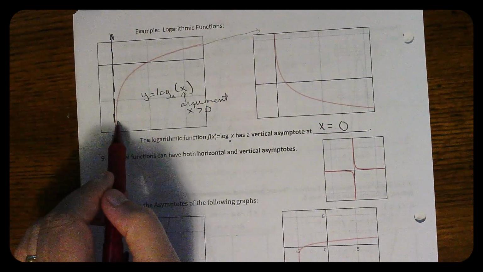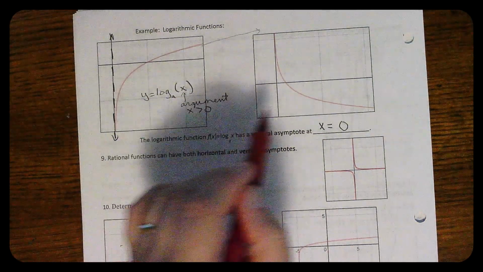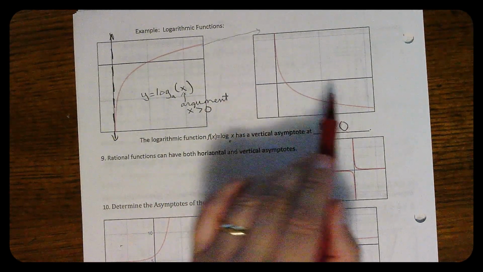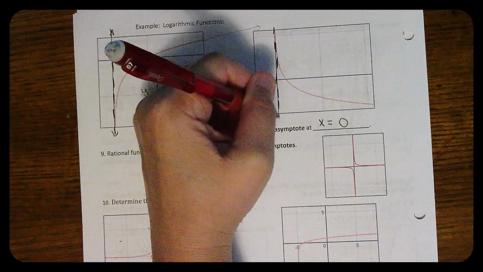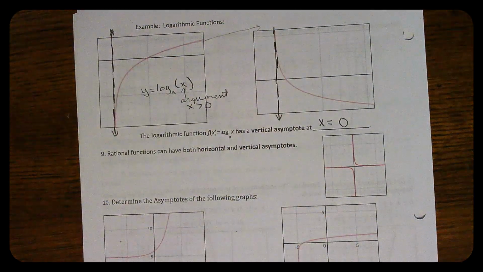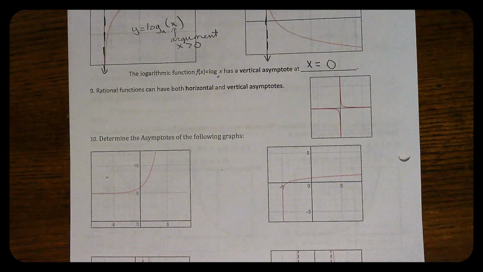So that graph will never cross that ever. All right. Same thing for this log function that's been flipped upside down. It has a vertical asymptote at x equals 0. All right, so log functions have vertical asymptotes. Exponential functions have horizontal asymptotes. All right, the rational function has both.